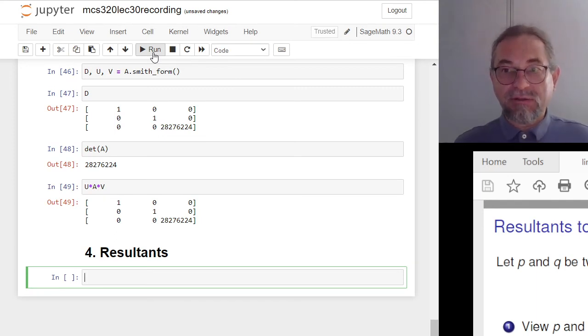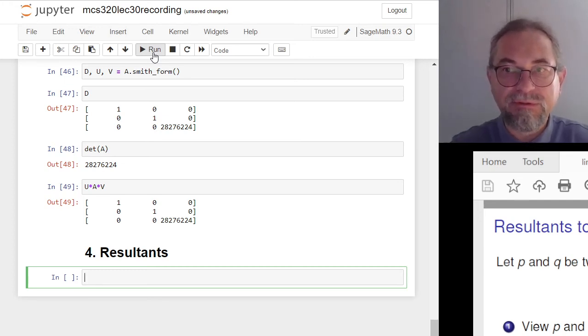Now, again, the main purpose of this lecture is to give an overview of what is available in computer algebra systems such as SageMath. Defining resultants would take a while, but I hope that one gets the flavor.